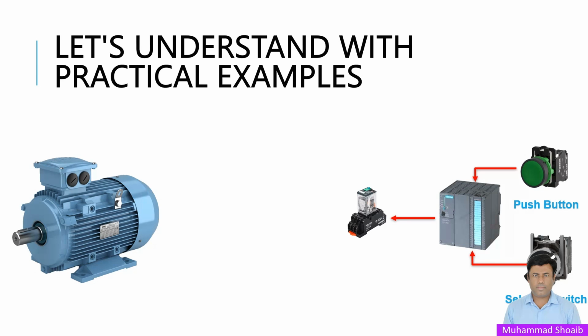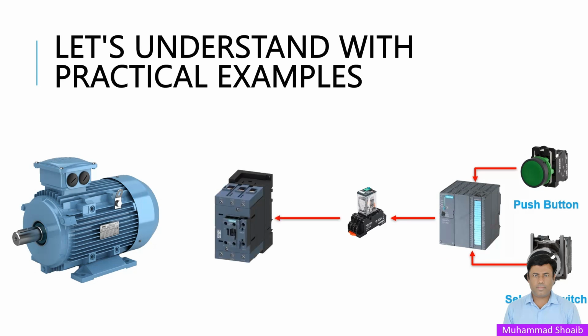This relay can control all equipment whose current is less than 10 amperes. If we want to turn on the three-phase motor, that is also not possible with the relay, so we have to use a magnetic contactor, and this magnetic contactor will control the motor.